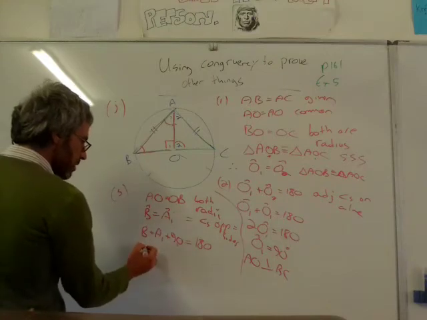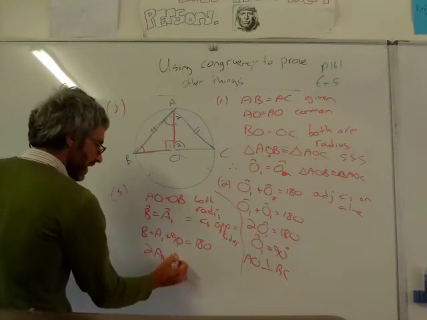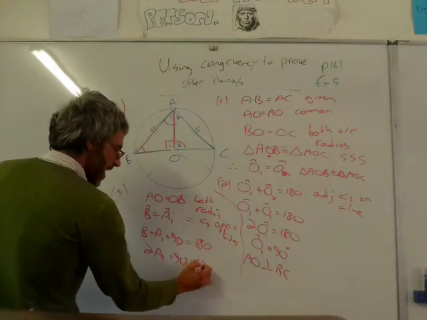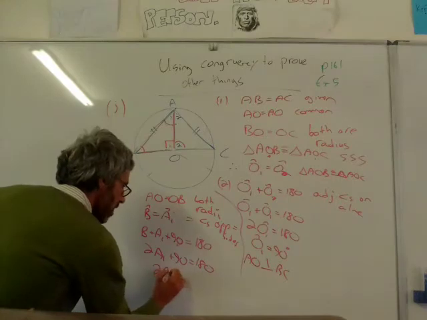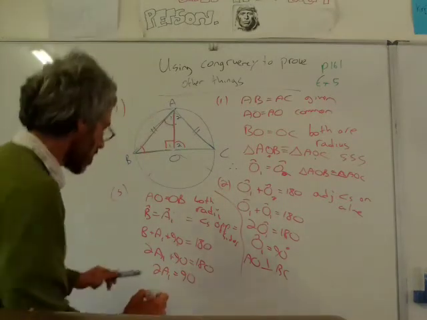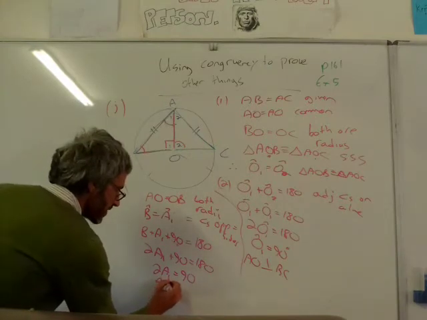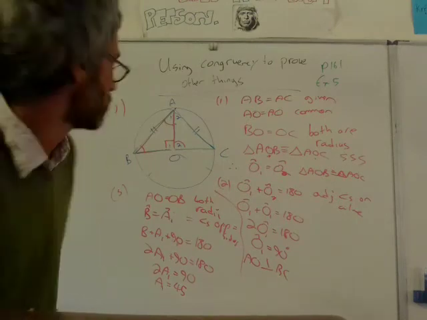But B is equal to A1, so I can write 2A1, it's A1 plus A1, plus 90 equals 180. That means, and I'm running out of space here, 2A1 equals 90. I just move the 90 to the other side. And the last bit here, A1 is equal to 45.